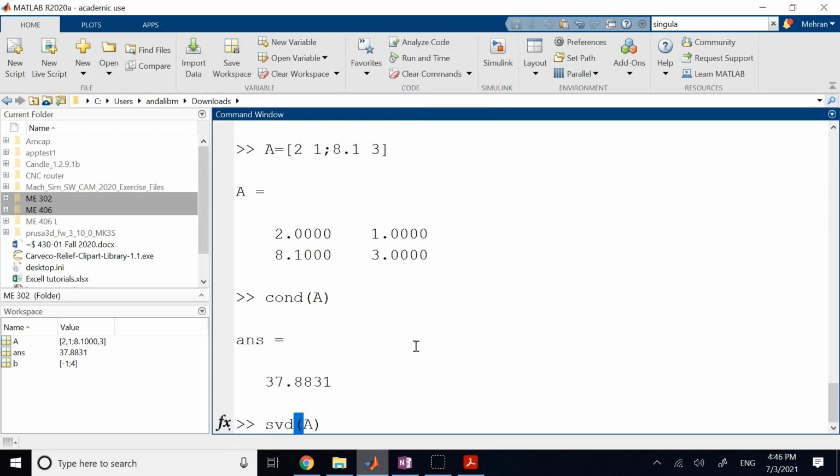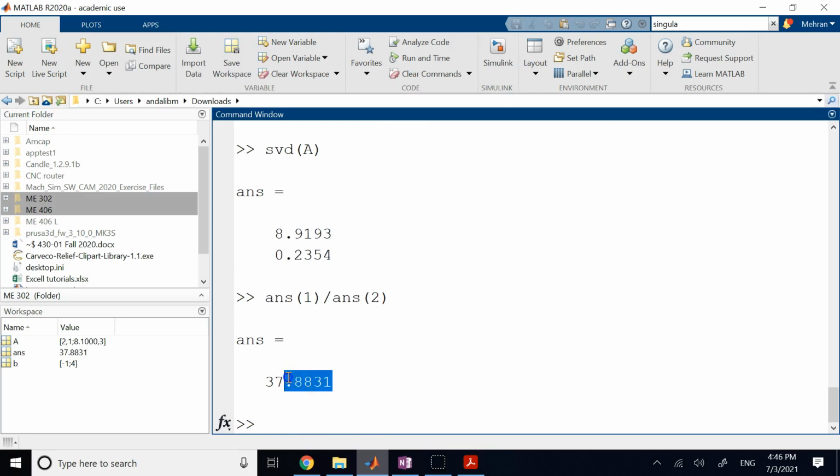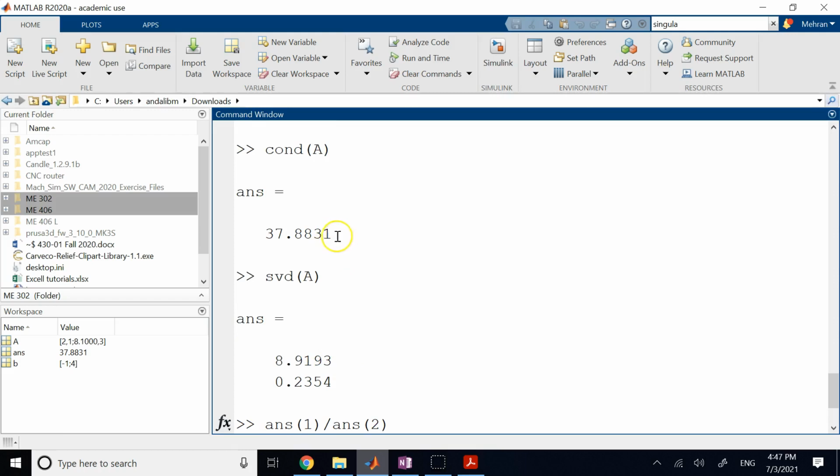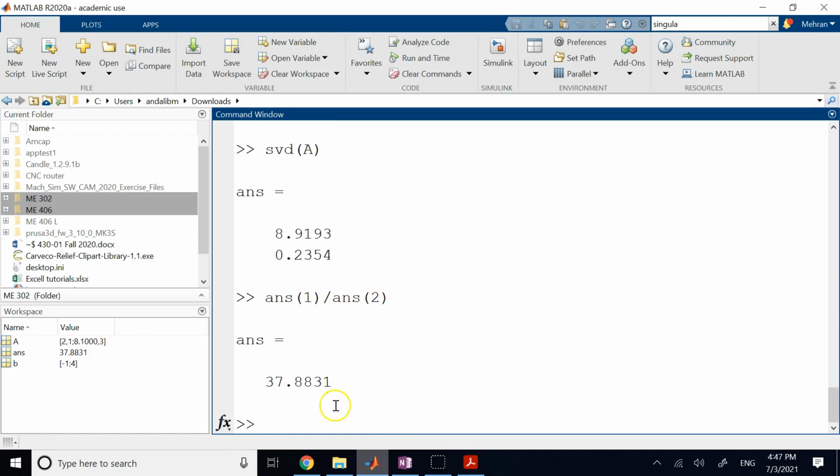If you run it, it gives you all of the singular values of matrix A. You see this is the largest singular value, this is the smallest, and if you divide them, you see that ratio is the same as your condition number. So that's all it does. When you call the command, it finds the max singular value and min singular value and divides.